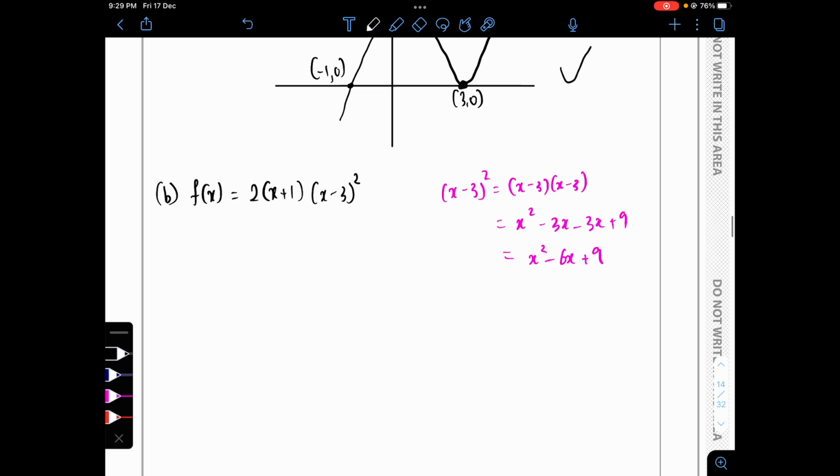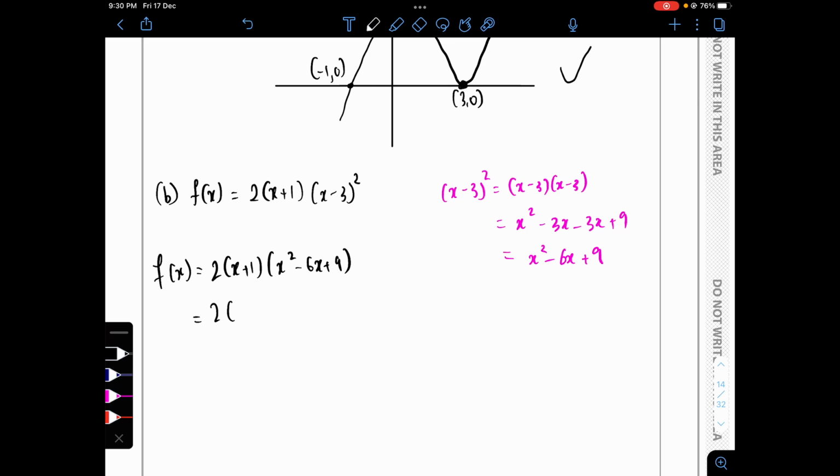So now we can just write f of x is 2 times x plus 1 times x squared minus 6x plus 9. So let's just expand everything.